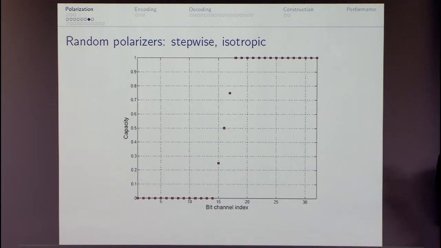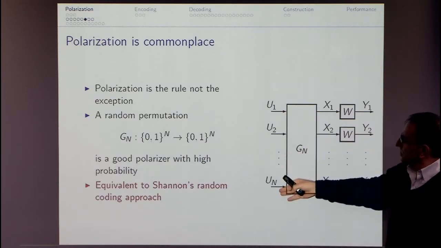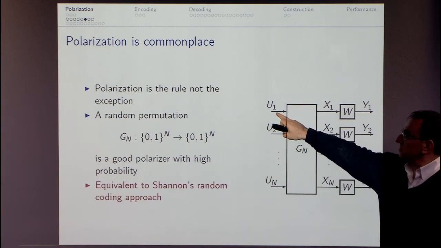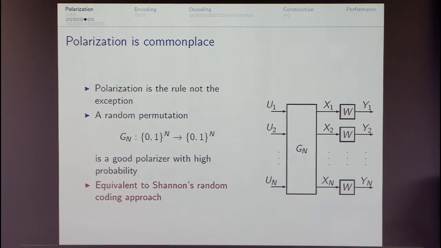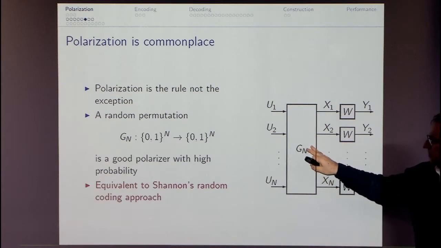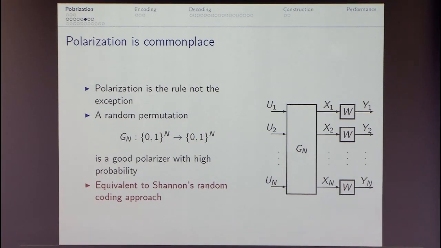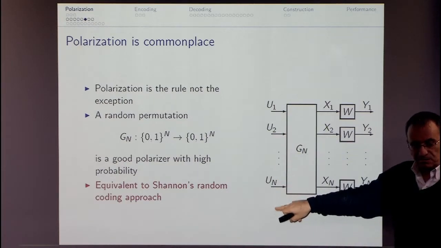And then isotropic. What I mean by that is the following. Here I assumed an arbitrary order. I will first use this channel, U1, then U2, and so on. In polar coding, with structured matrices, the order here will be important. You cannot change the order and still hope to have polarized channels.